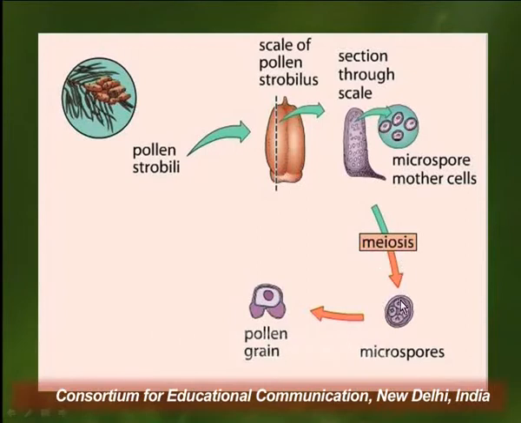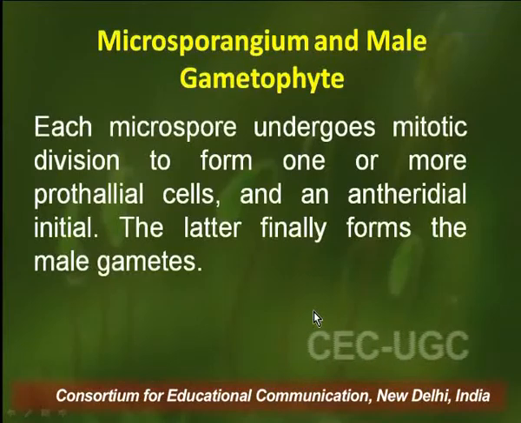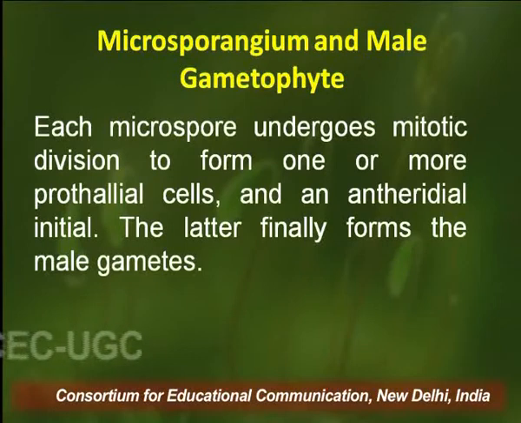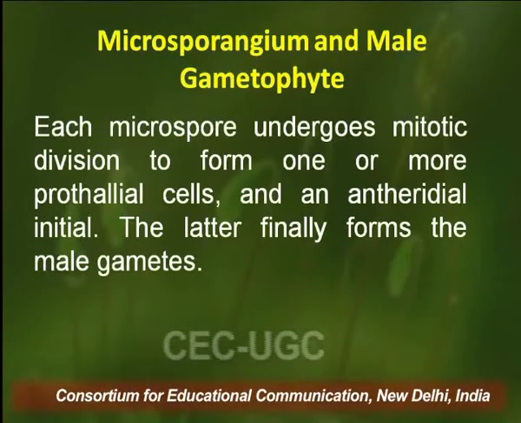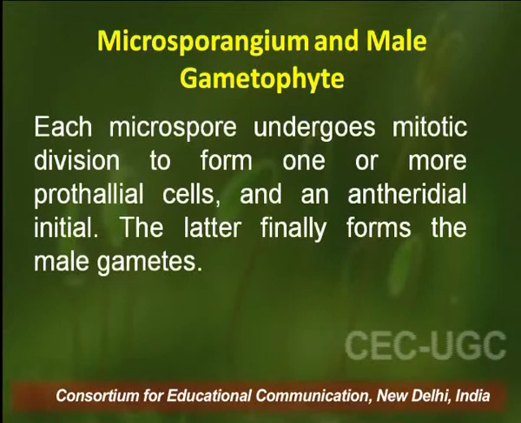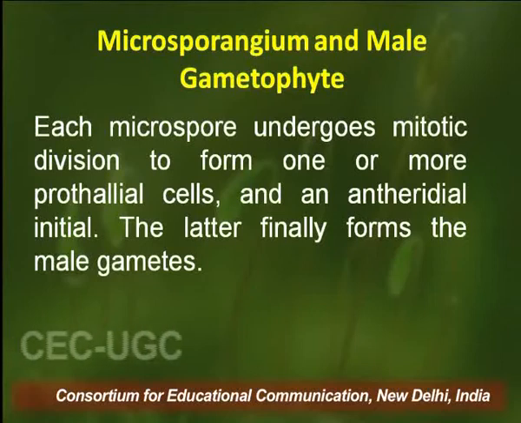So these 4 microspores are the first cell or the first representative of the gametophytic generation in gymnosperms. Individual microspores metamorphose into a specific structure now termed pollen grains. Each microspore undergoes mitotic division to form 1 or more prothallial cells and a single antheridial initial. This antheridial initial finally forms the male gametes.